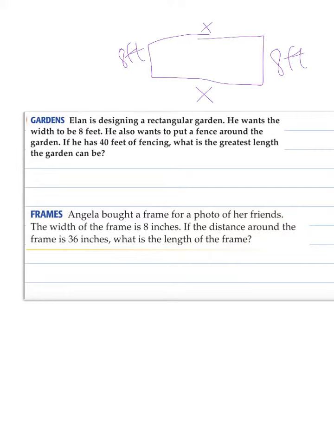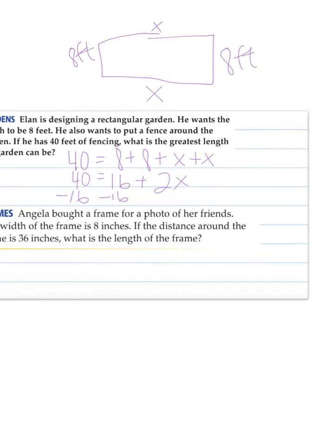If I were to write an algebraic expression, 40 equals 8 plus x, and so on for all sides. Combine like terms: the 8s are 16, and 1x plus 1x is 2x. Now, review from last unit, subtract 16 from both sides. 40 minus 16 is 24.